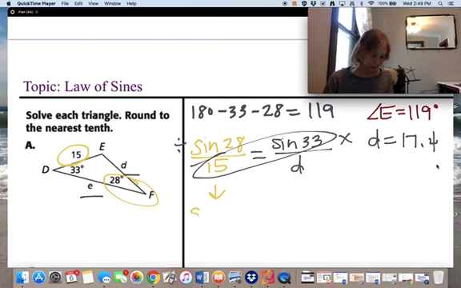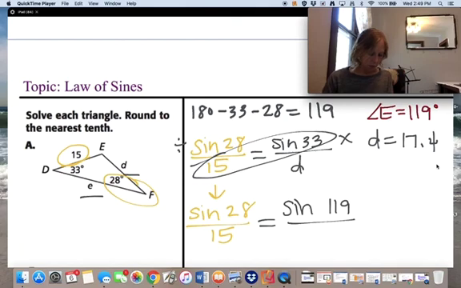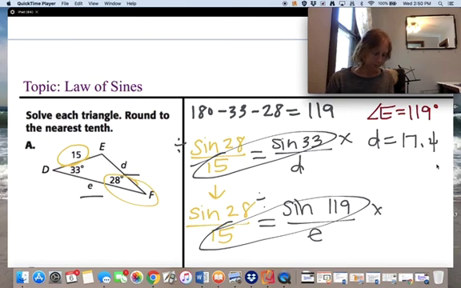So we're going to keep using the sine of 28 over 15, and we're going to set it equal to, this time we want to solve for E. We know angle E from up above is 119, so sine of 119 all over E. Multiply these two, and then hit enter and divide by what's left over. And we should get side length E equal to 27.9.